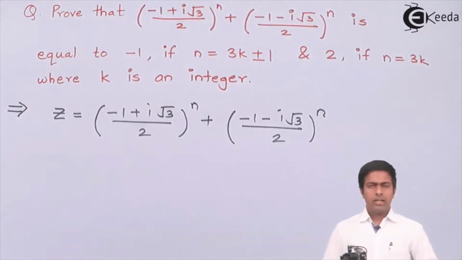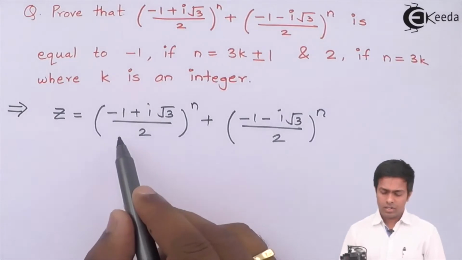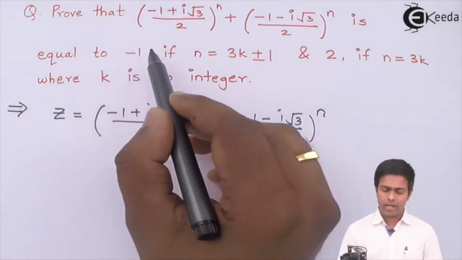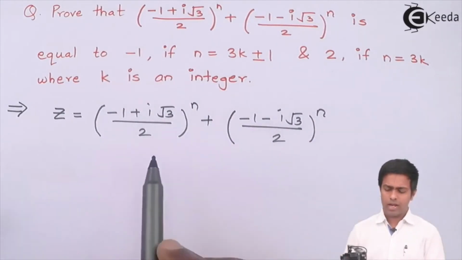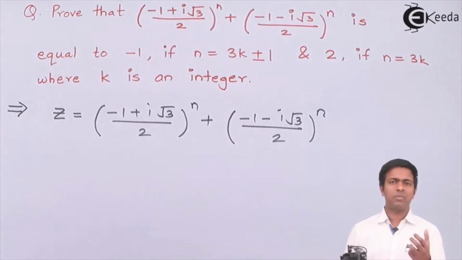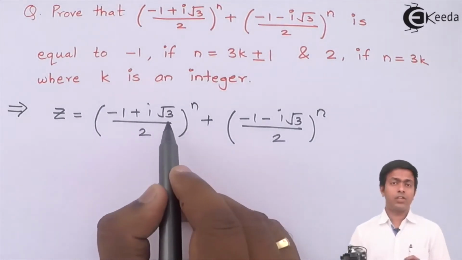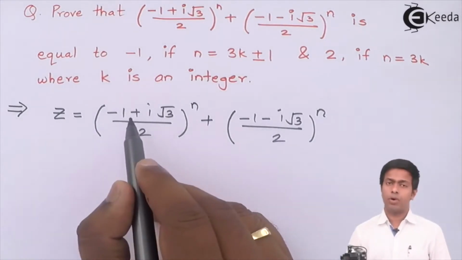Now let's find z first, and in the end I'll prove that z is equal to -1 and z equal to 2. So I'll call this number z. First of all, I'll convert this number into polar form.